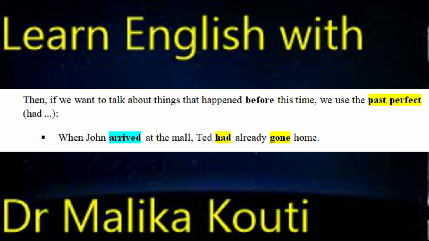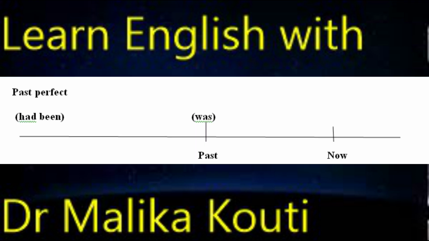Good. Let's see this timeline. So you've got the past perfect, then the past, and now. You see, past perfect had been, for example, verb to be, and in the past was or were. It depends on the subject. So what do we notice here?